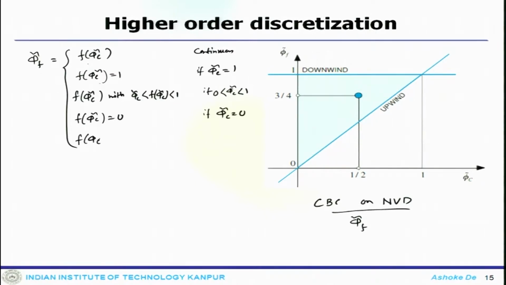Or phi f tilde could equal phi c tilde, and in this case, if phi c tilde is less than 0 or phi c tilde is greater than 1, then this would always be phi c tilde. So, you can see this criterion is quite intuitive and can also be seen in this NVD with the next picture. So, what happens if we see here?